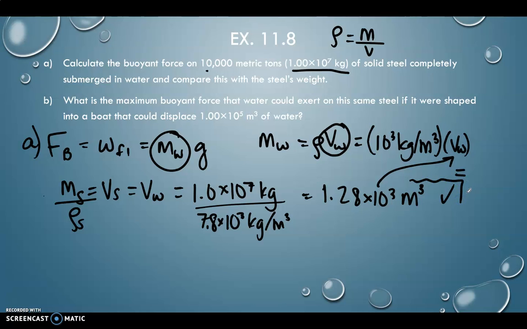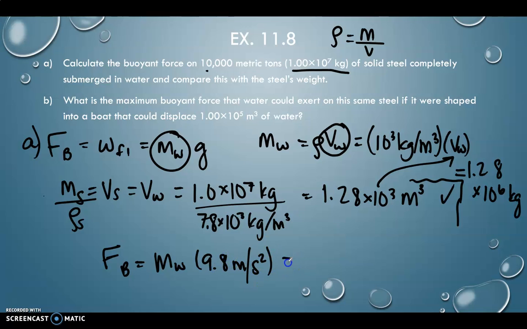So times 10 to the 3rd. That'll get us 1.28 times 10 to the 6th. And now this is just in kilograms. All right. So now our buoyant force is equal to that mass that we just found times 9.8 meters per second squared.